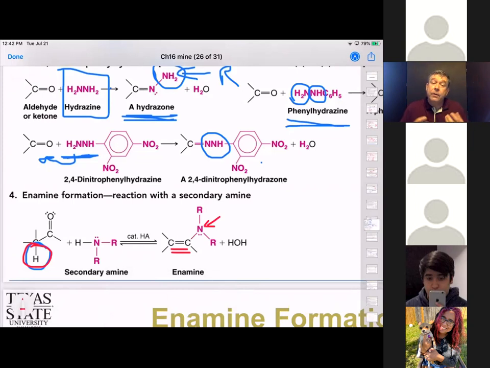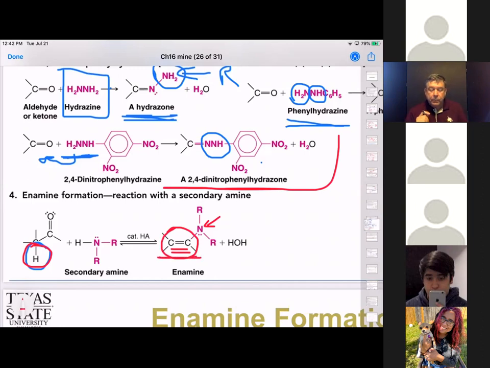So it's very similar to the amine derivatives that we have up here. However, the double bond is now between two carbons. And we can do reactions specifically on carbonyl compounds because we have a carbon-carbon double bond.